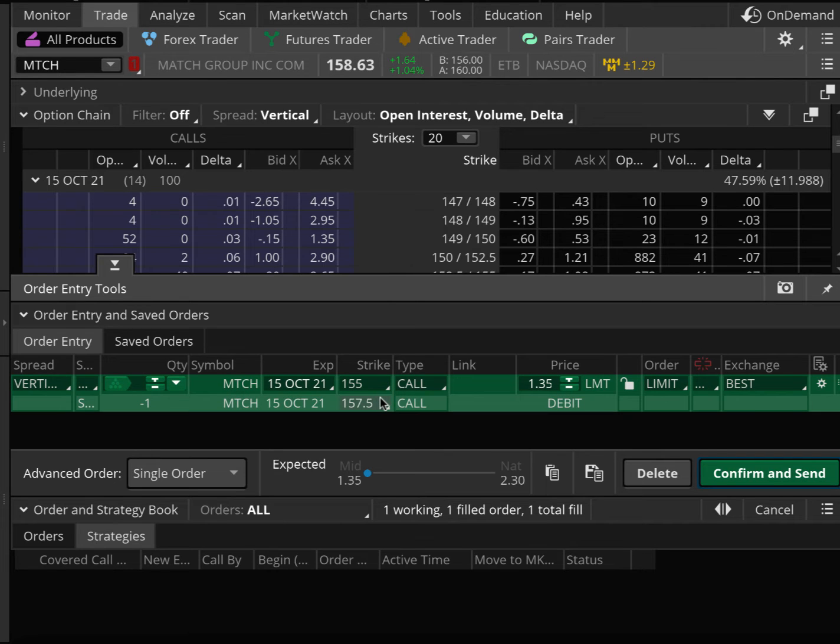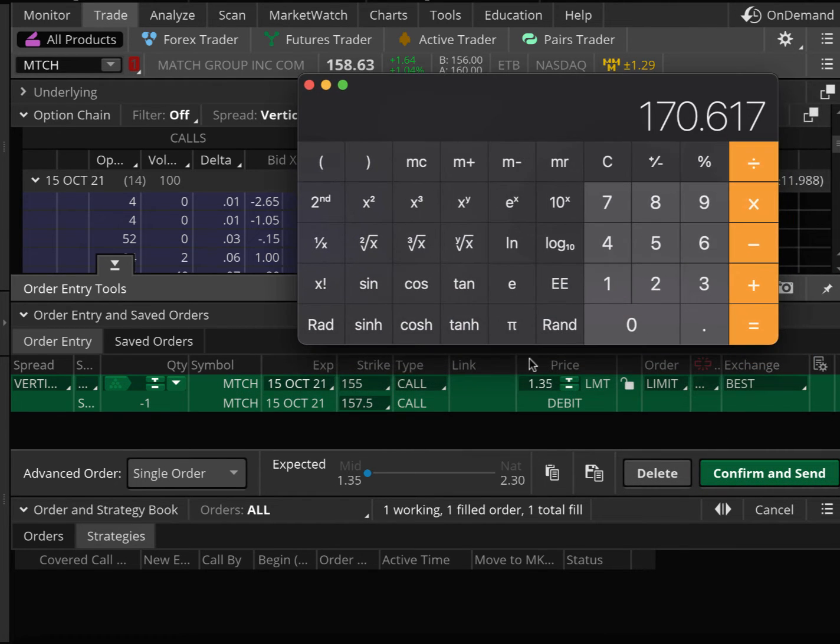And so I can only make this much money, okay? The way it works is the width of the spread minus what you paid for the spread is your max profit. The width of this spread is 2.5. So if you bring over your calculator, the width of this spread is 2.5, and you're paying $1.35, so you're subtracting what you paid for it. So the maximum I could make if MATCH traded at or above 157.5 is $1.15 per contract.